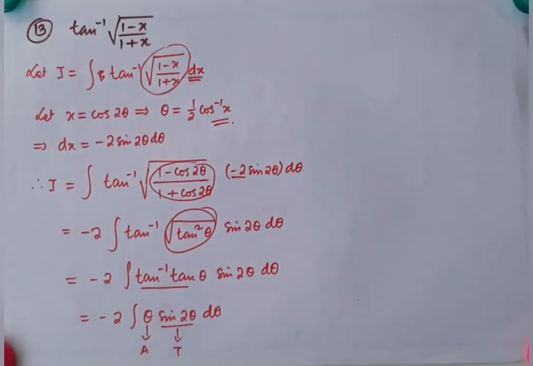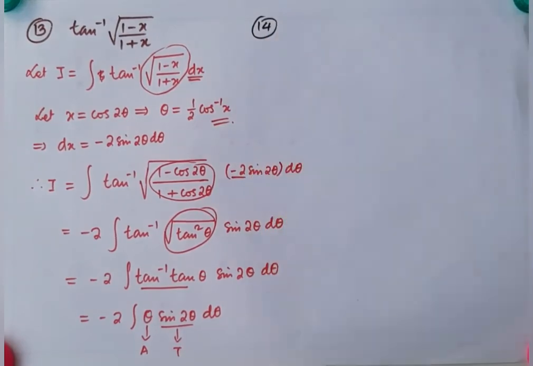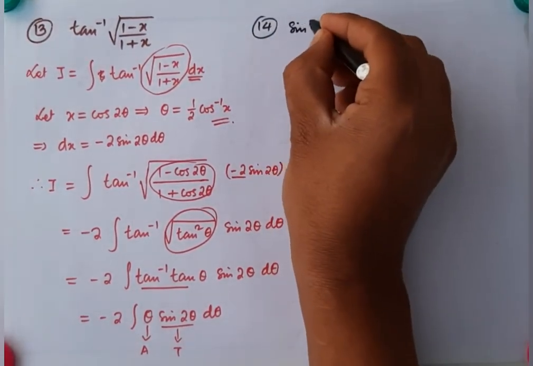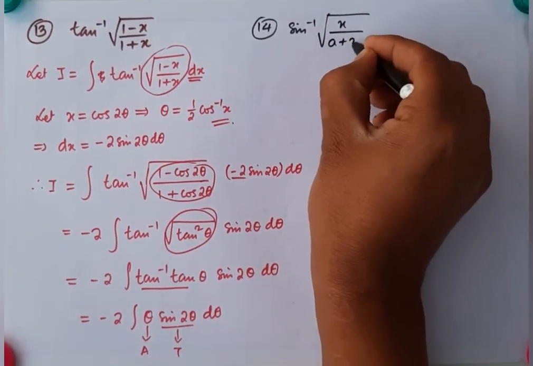Okay, so one more question will be there. I am giving you one more hint for one more problem. So your problem is, so this is my 14th, isn't it? So the 14th problem is sine inverse square root of x by a plus x.